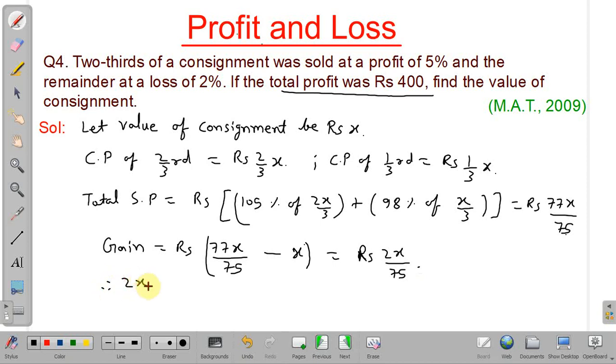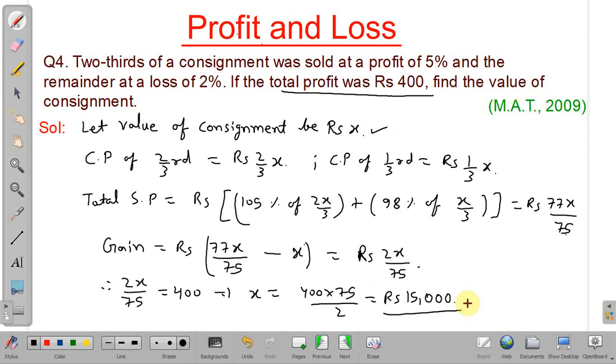Therefore 2x by 75 is equal to 400, and from here we will get x equal to 400 into 75 by 2. So it is rupees 15,000. We have to find the value of consignment, and value of consignment is rupees X, so our value of consignment is rupees 15,000.